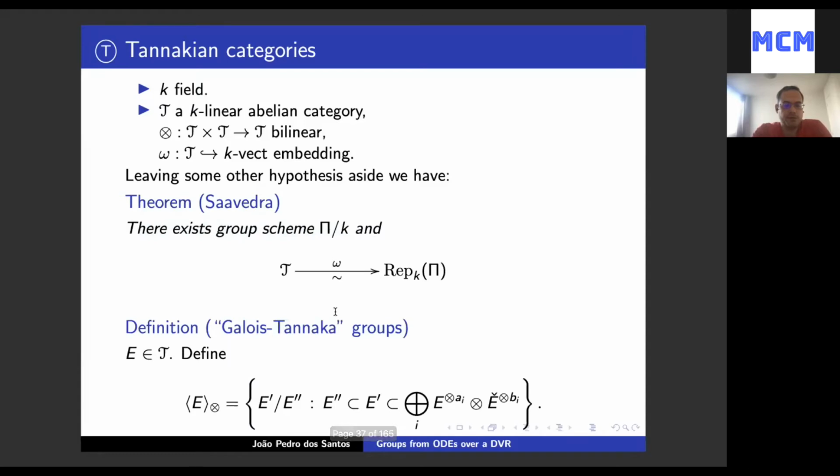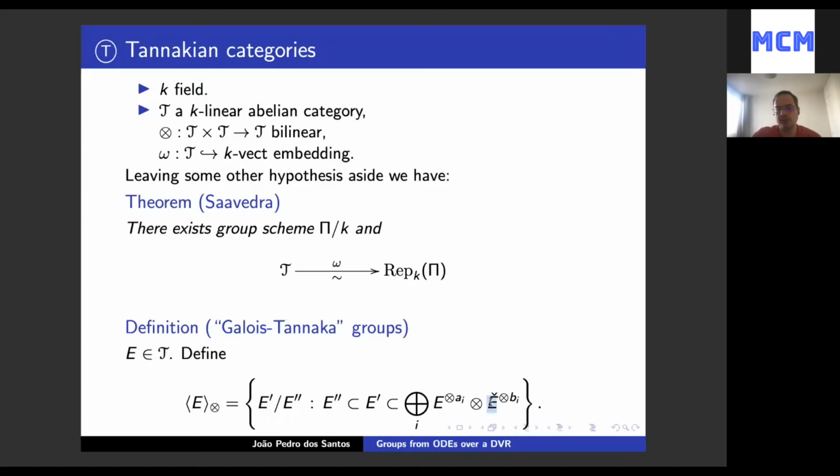You define a category inside of your T. You have an object E in T, and you consider the category generated by E and all possible tensor products and quotients and subquotients, etc. What happens is that you get this category of things which are dominated by tensor products of your E and its dual.